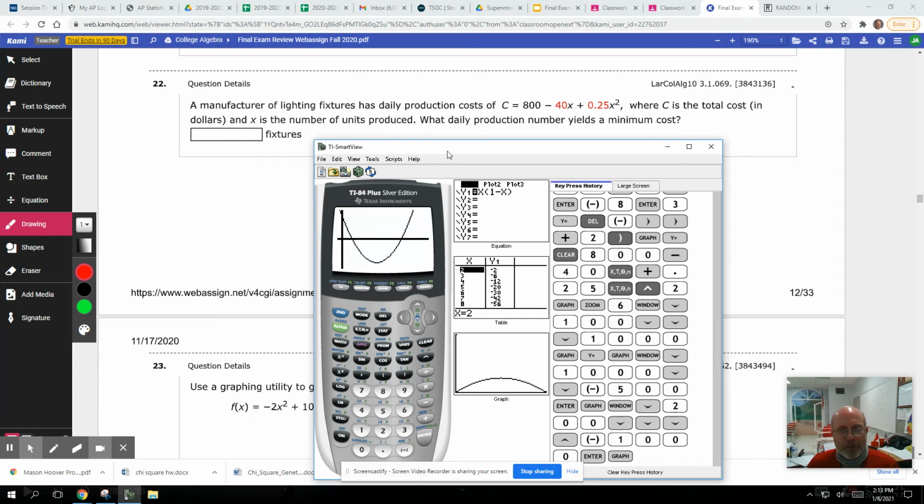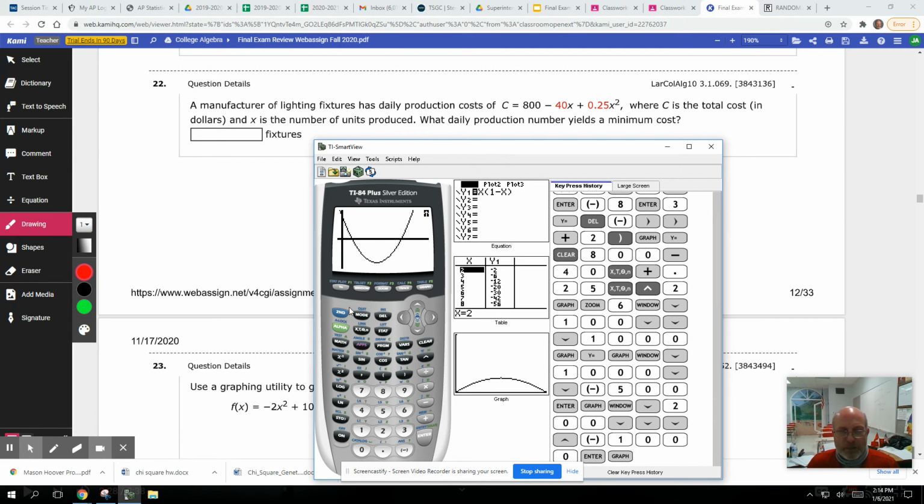But we were asked to find a minimum, so the minimum on the quadratic function is going to occur at the lowest point, at the vertex. I'm going to teach you how to find it on a calculator, even though it makes absolutely no sense in the context of this problem to be negative. The number of fixtures is what we're asked to find that produces that minimum value. So we'll be looking for the x value of the vertex, but still this problem makes no sense.